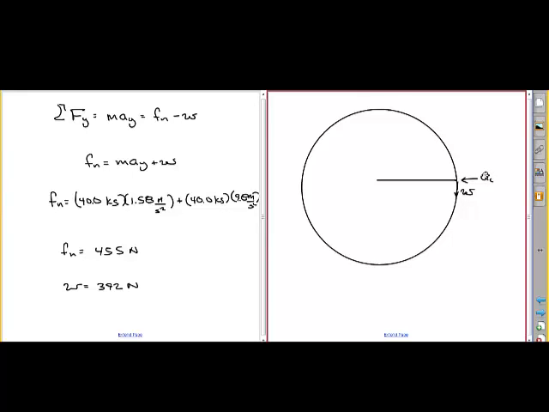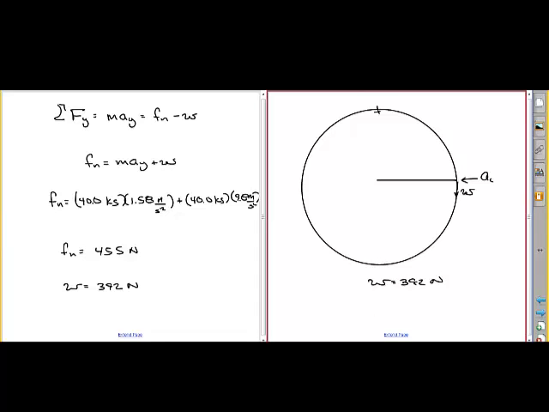So the centripetal acceleration halfway up doesn't contribute anything to the weight. At the top, it subtracts from the weight, so you feel less weight. When you come at the bottom, you feel more weight. In the middle, the seat is pushing you towards the center to keep you in a circle. So part 3 is just equal to the weight, which is 392 newtons.